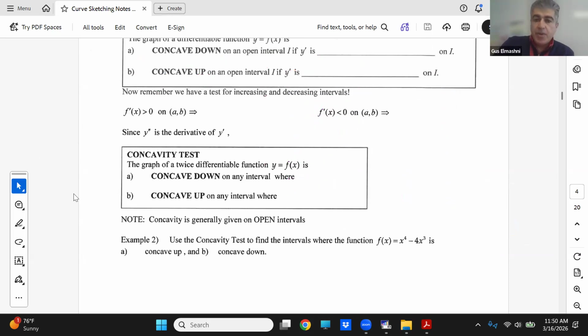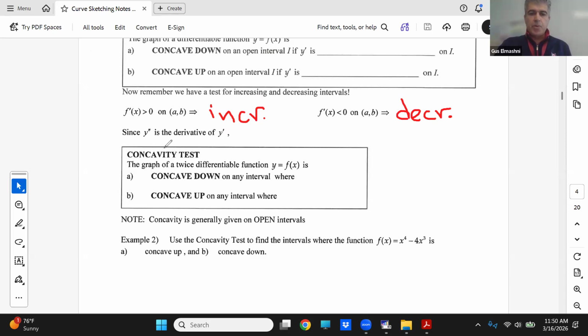So we have a test for increasing and decreasing intervals, right? So obviously, when f prime of x is greater than 0, we're increasing. When f prime of x is less than 0, we're decreasing. And y double prime is the derivative of y prime.